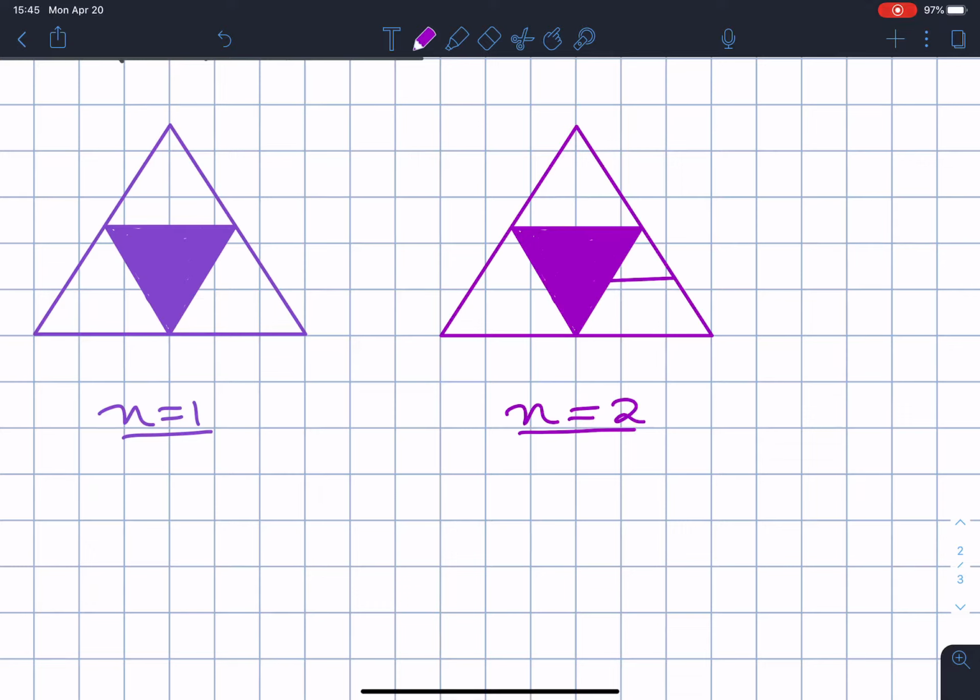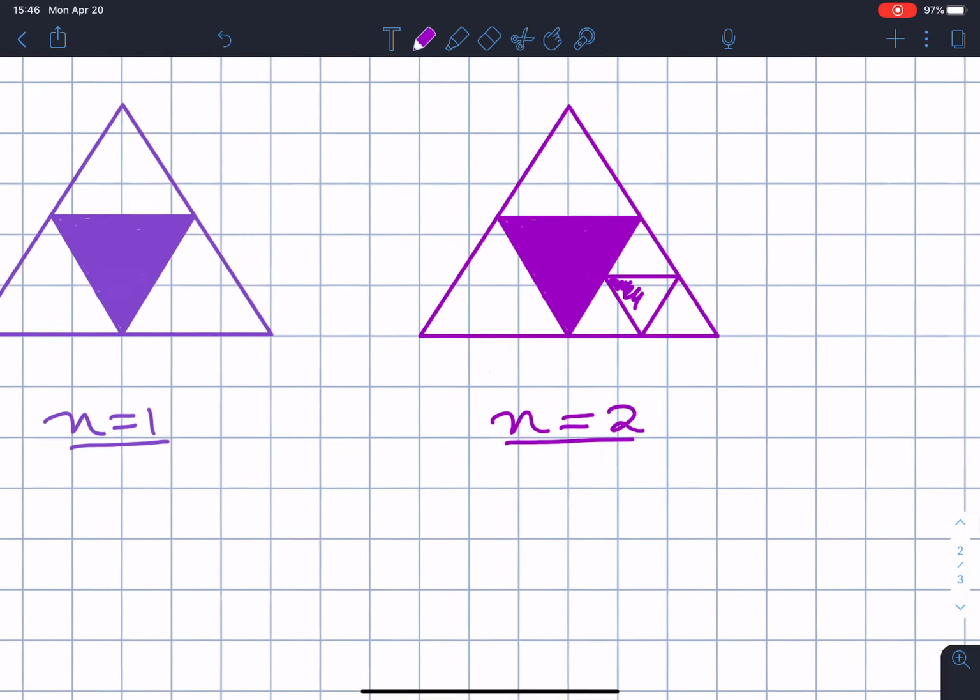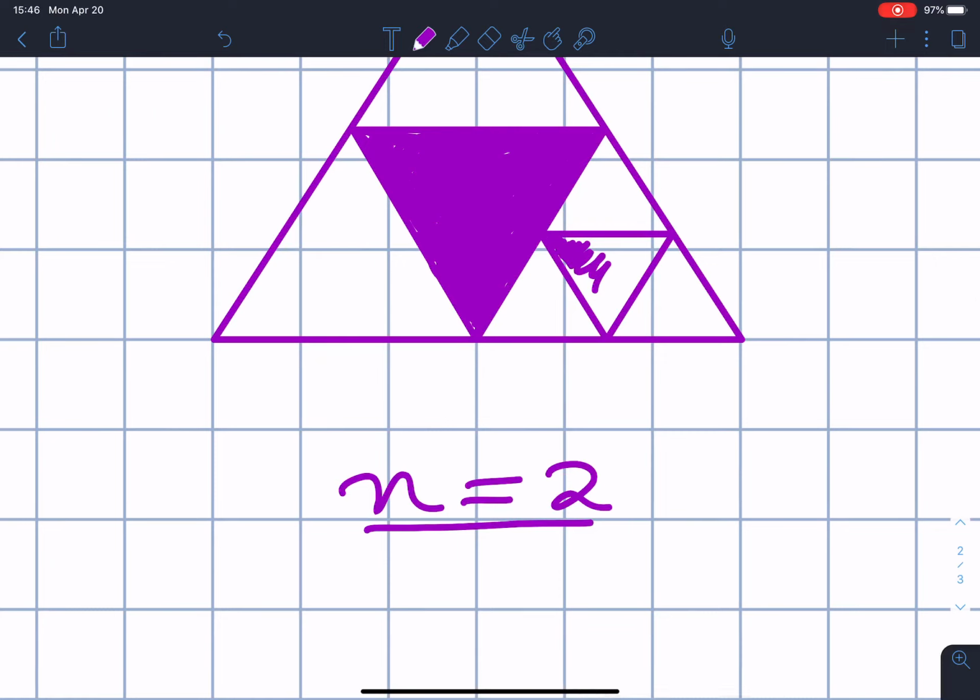Does that look like it's straight? Okay, so I omit the middle triangle here. Those white dots are going to drive me crazy.